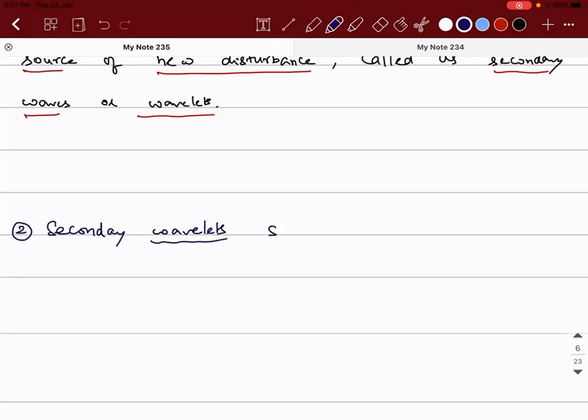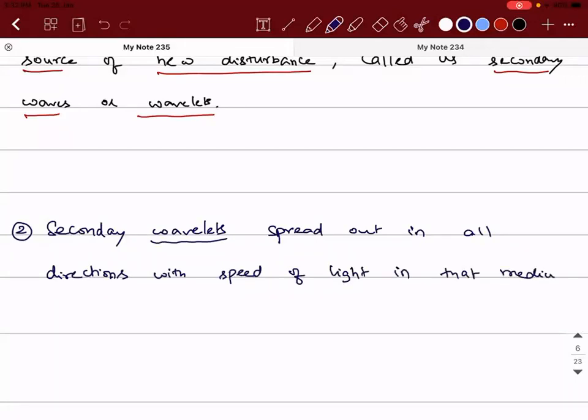Secondary wavelets spread out in all directions with speed of light in that medium. Okay, they will start spreading in all directions with what speed? With the speed of the light in the particular medium in which these wavelets are getting generated.